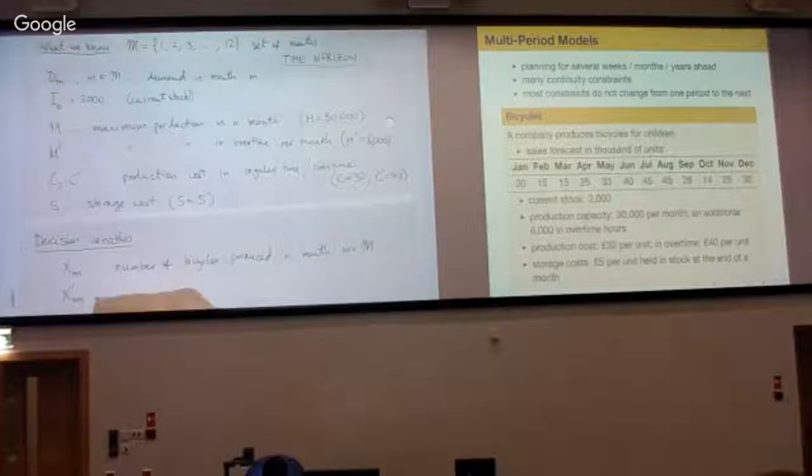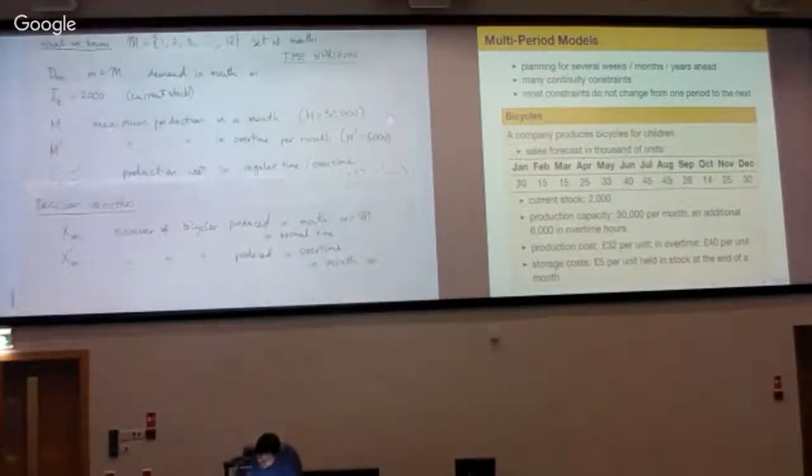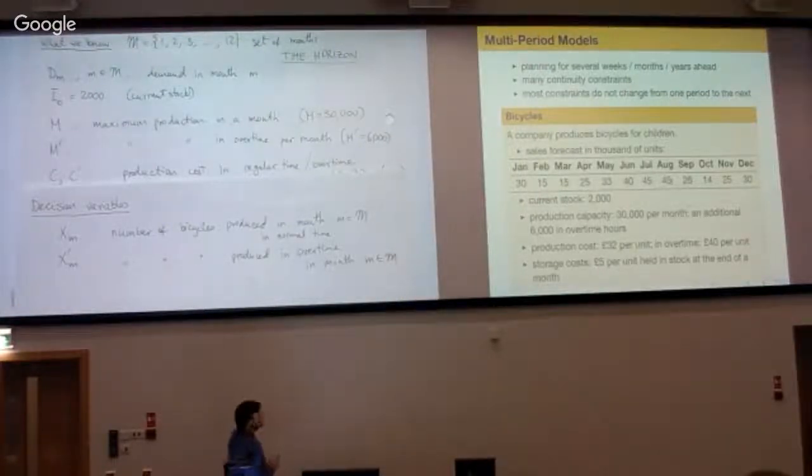take another variable, and this will be the number of bicycles produced in overtime. That's a very good observation.